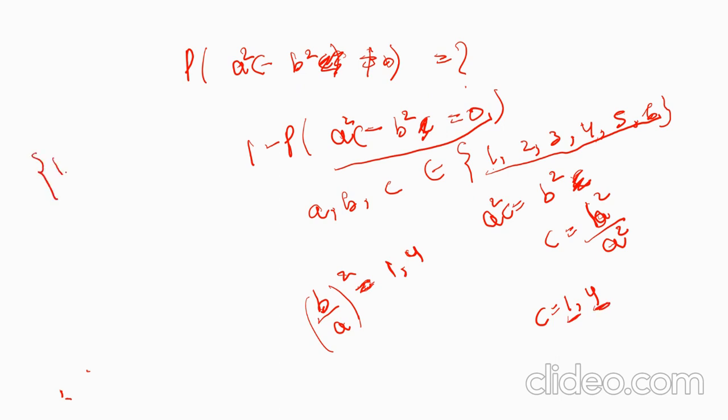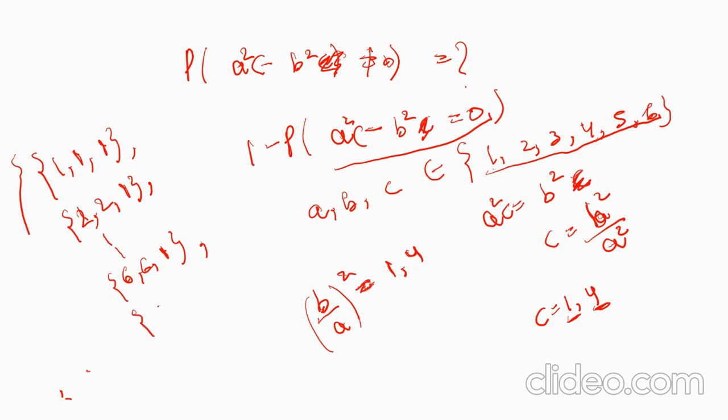So, when A and B are the same, that time C will be 1. When A and B are like 2 and 2, up to when A and B are 6, 6, then it will be 1. Now, when C is equal to 4, that means B by A is equal to 2.